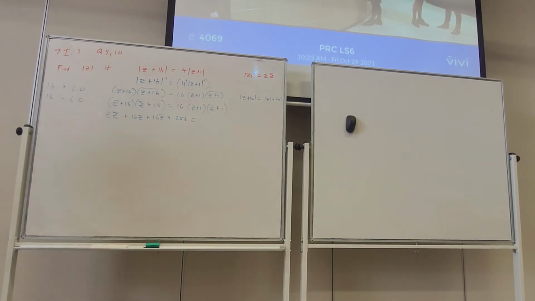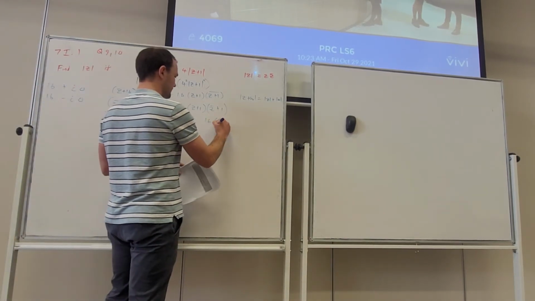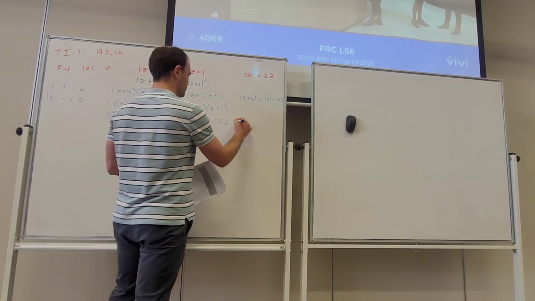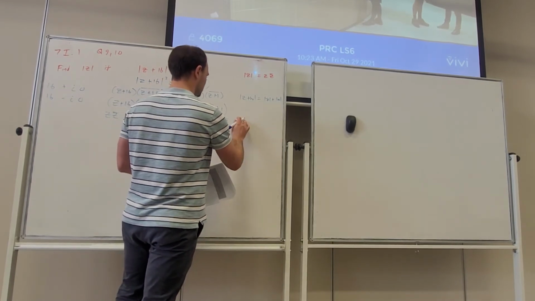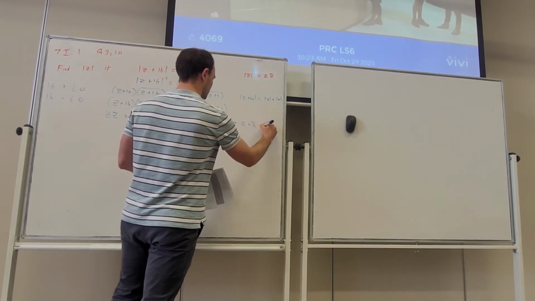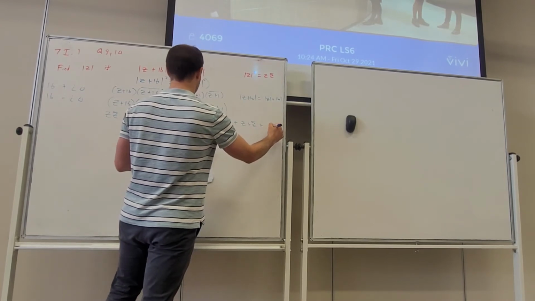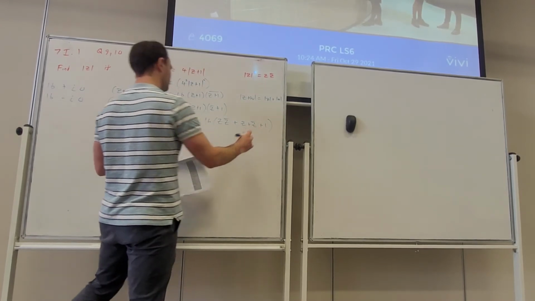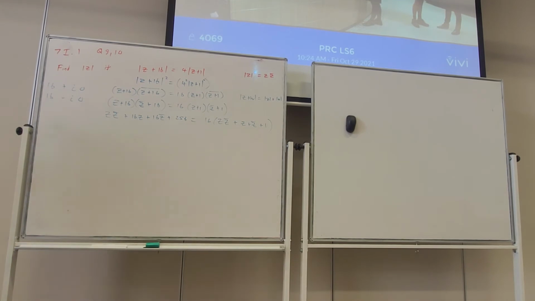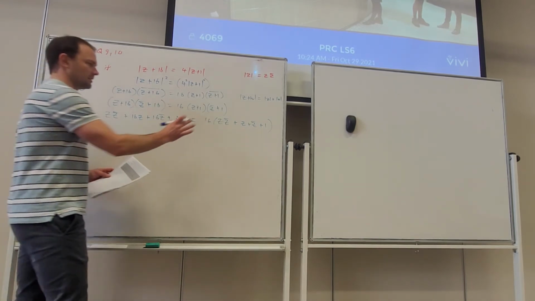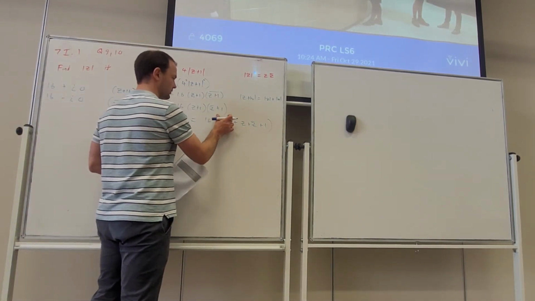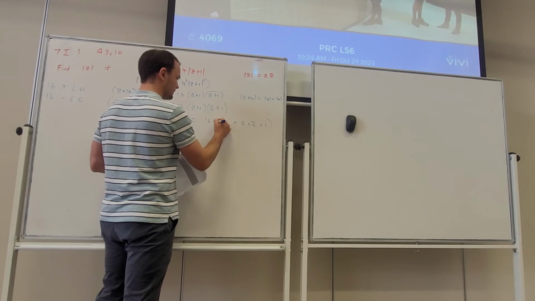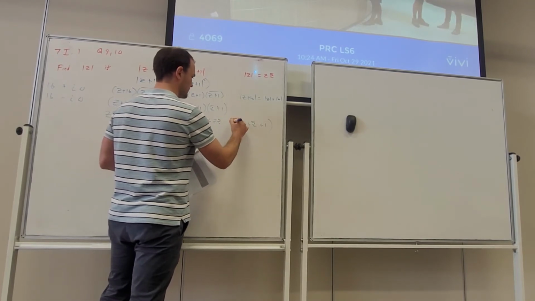And over the other side, I'll leave the 16 out front for now, but we'll have z conjugate. Okay, the 16 can distribute as well, so I might do that in this one step, just in the interest of space. Plus.